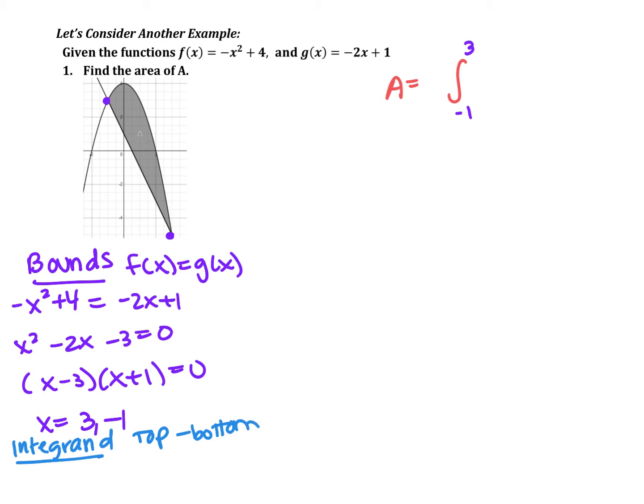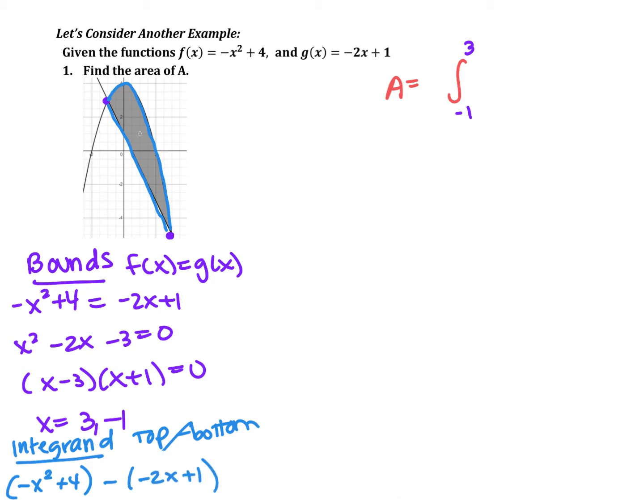And I really do mean go to the top of the area and trace it. What function are you tracing when you're tracing the top of the function? Well, I'm tracing the quadratic, not the line, so my top function in this case is going to be negative x squared plus 4. I want to subtract the bottom function, which function is creating the bottom piece of this area, and that's the line, which is negative 2x plus 1.